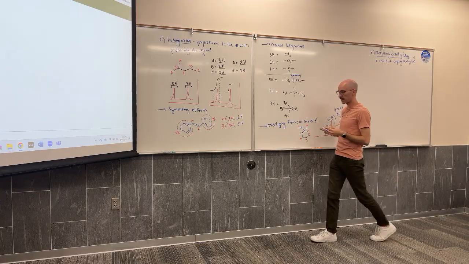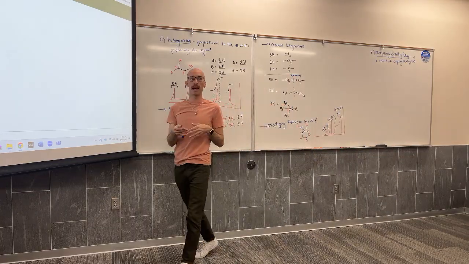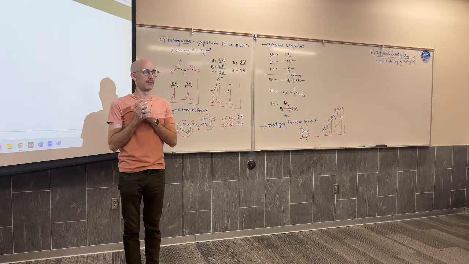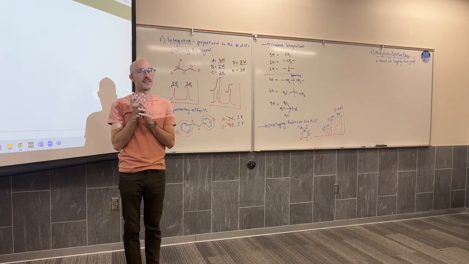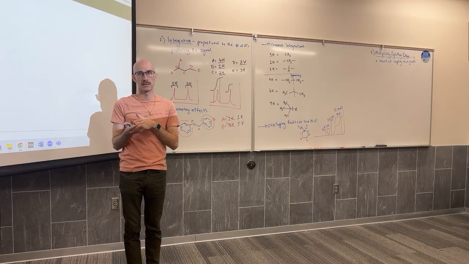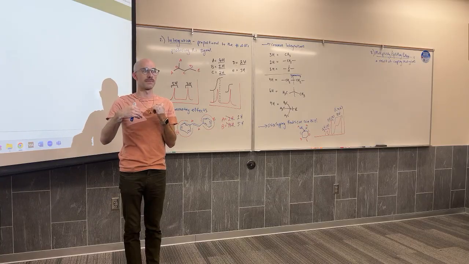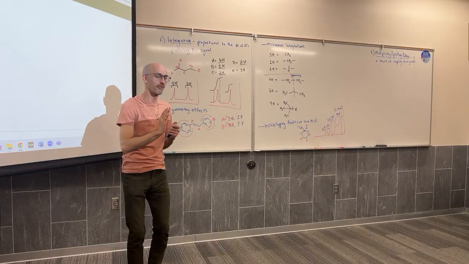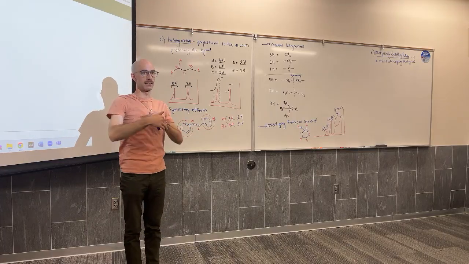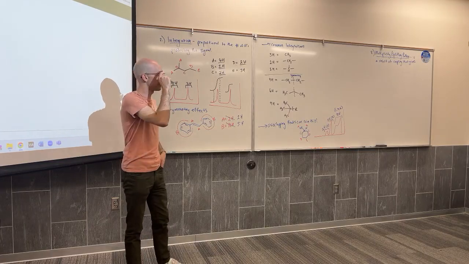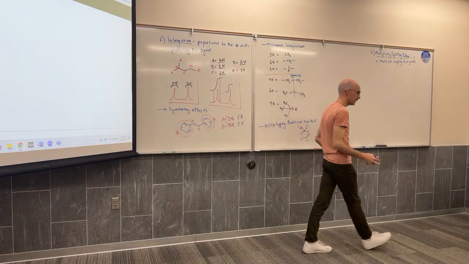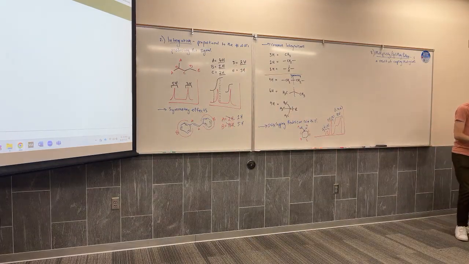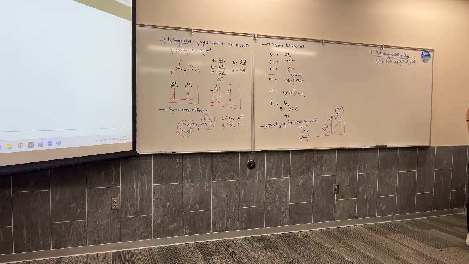This last aspect is the splitting pattern of a signal, which is sometimes referred to as the signal's multiplicity. How many peaks does a signal have? How many times does the signal peak, come back down, but before getting back to baseline, it peaks again? This is a product of coupling. Coupling, quite literally, means hydrogen atoms coupling their nuclear spins to each other, affecting one another's nuclear spins.